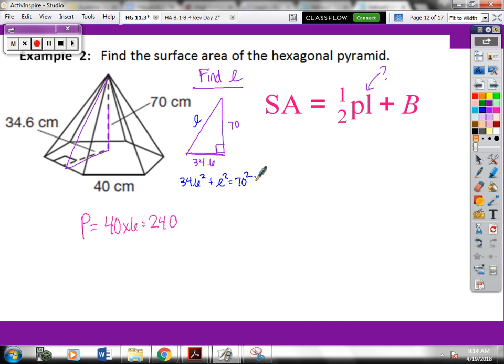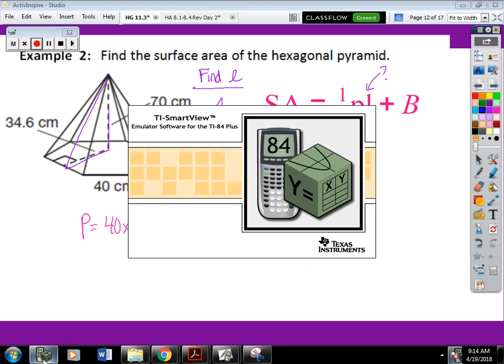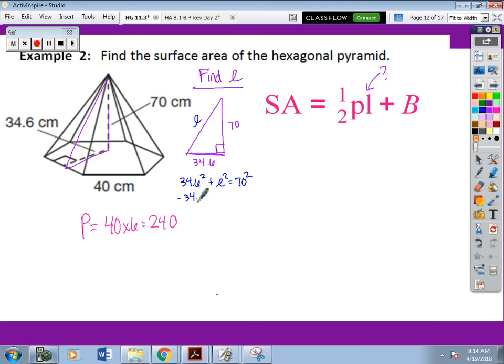Now, if you want a faster way to do this in your calculator, so that you don't have to square them, then subtract them, then square root them, you can leave them in exponential form and subtract them. If you are getting confused by what I'm about to do, just ignore me, do regular Pythagorean theorem. L squared equals 70 squared minus 34.6 squared, and then square root both sides.